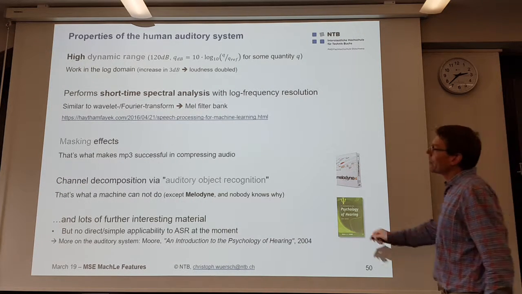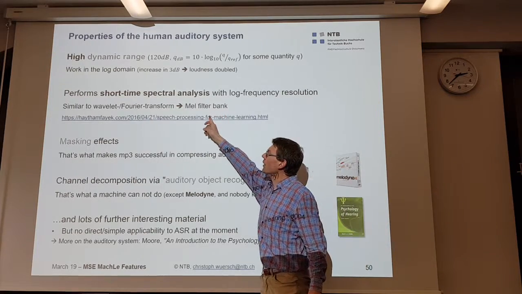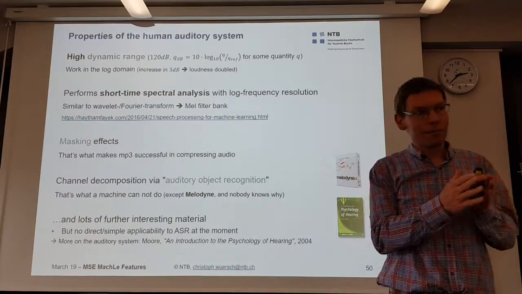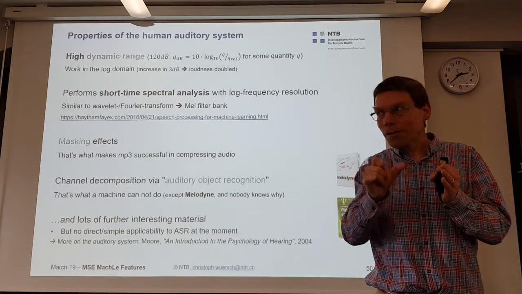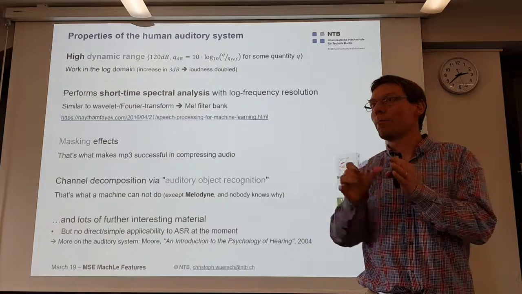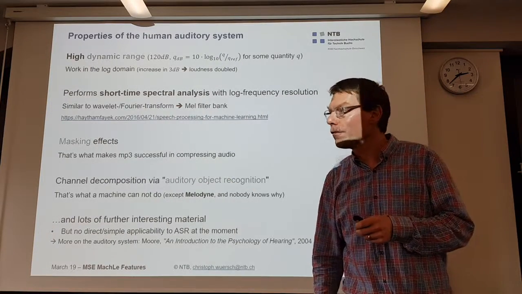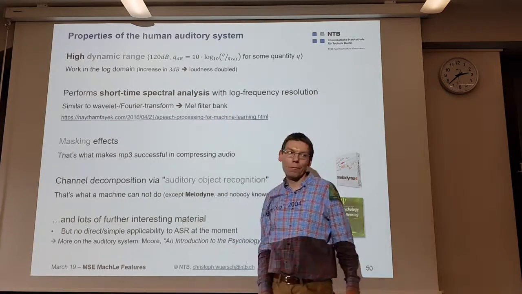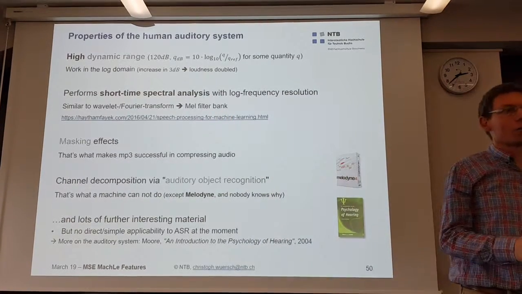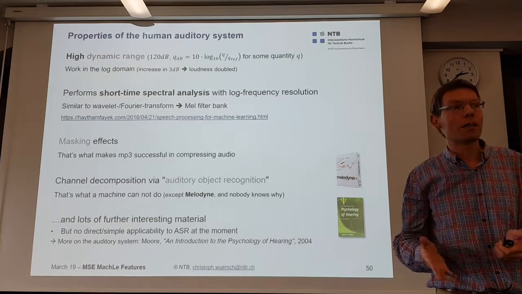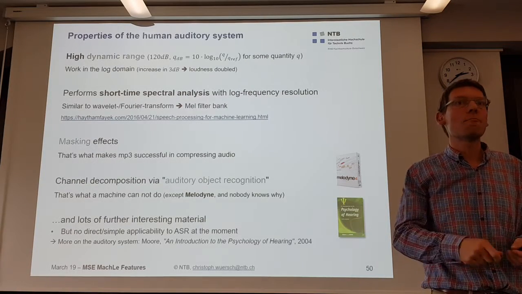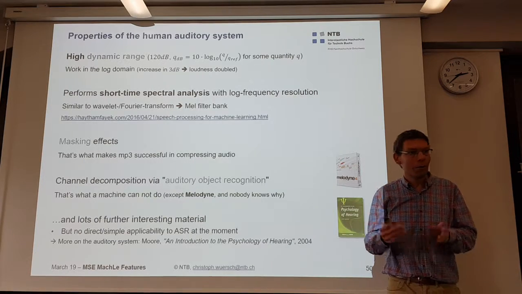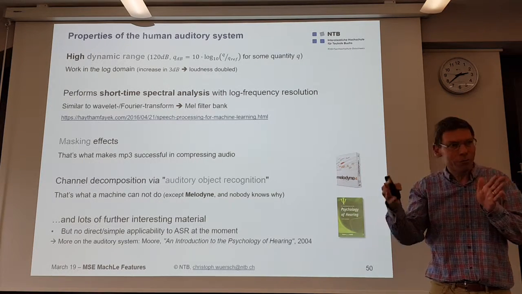A very famous filter bank for that is the MEL filter bank, which spaces the frequency in logarithmically spaced bands. Then we filter our spectrum by these MEL filters. Sometimes we don't talk about frequency in hertz, but in MEL, a kind of pseudo unit which can be used when we think of a logarithmic frequency scale.